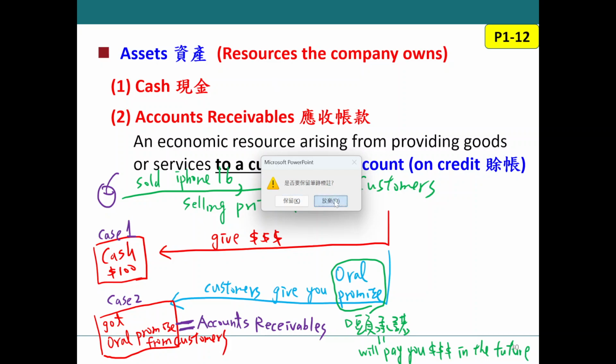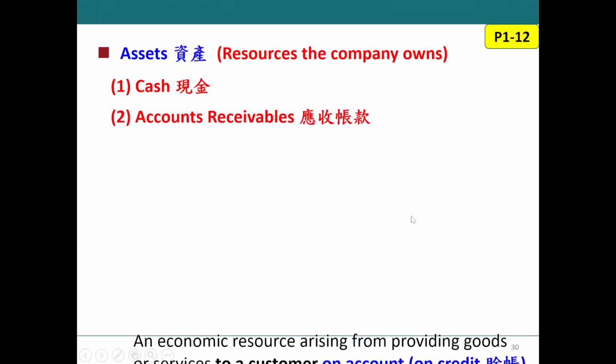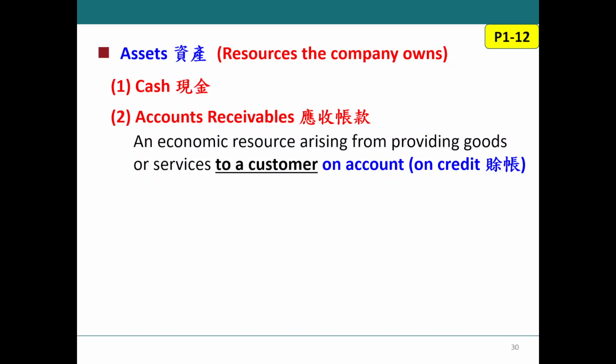Okay, there's accounts receivables. Let's look at the third one. Before the third one, what is accounts receivables? Your company, you gather economic resources. Did you find out? Economy, money, money, and money. You gather economic resources. Why?